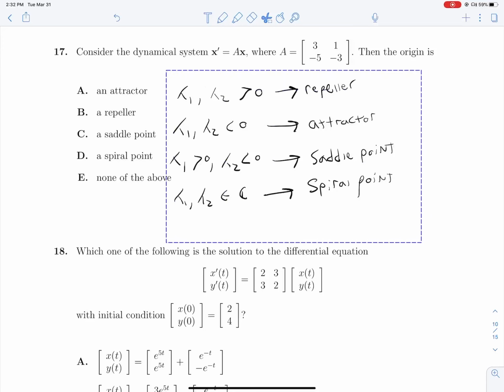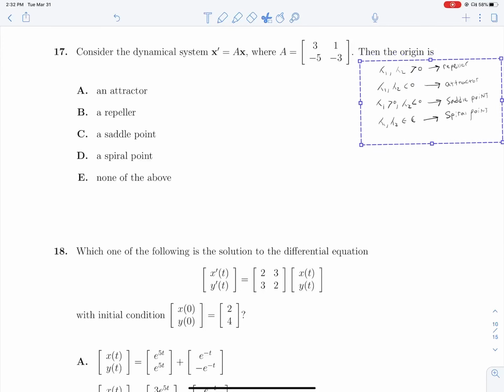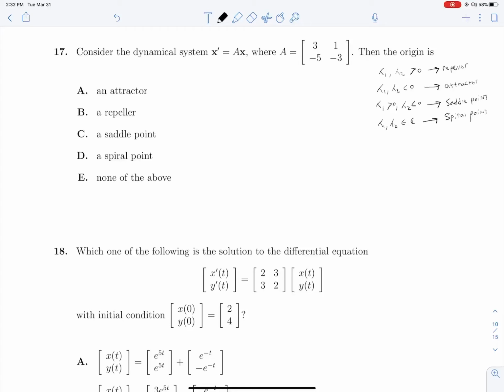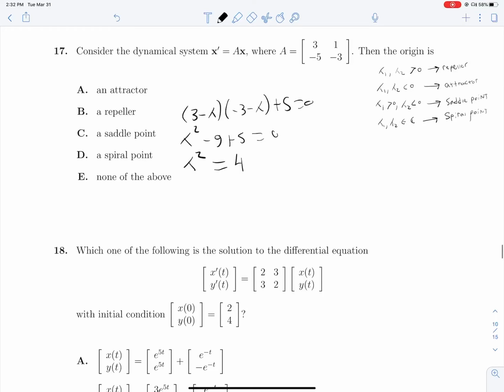Okay, with these rules in mind, I'm going to shrink them, stick them up here, and let's solve for lambda 1 and lambda 2. We'll be solving (3 minus lambda)(negative 3 minus lambda) plus 5 is equal to 0. This will give us lambda squared minus 9 plus 5 is equal to 0, or lambda squared is equal to 4.